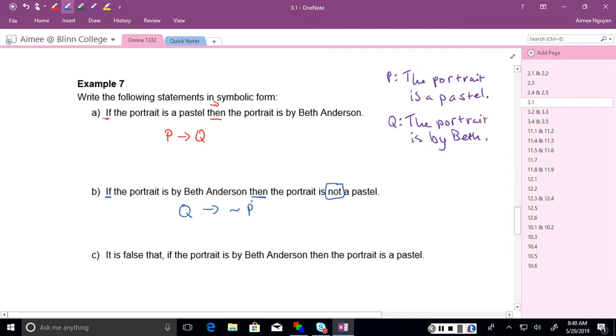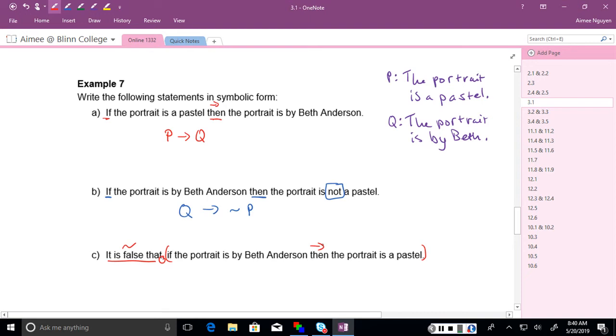And then in part C it says it is false that. So we have a comma, and before we said that commas group things together, so everything on one side of the comma will be in parentheses, right? So that means that everything over here will be in parentheses. And then it is false that is a type of negation, and so this will be my tilde. So when I do this, if the portrait is by Beth, then the portrait is a pastel, still the conditional.